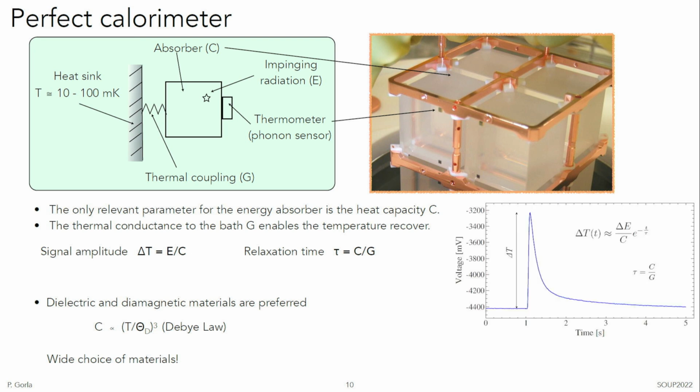And this is what you expect to see from the temperature of your phonon sensor. You have a radiation interaction, an alpha decay or an electron interacting in your crystal, and you have a temperature jump, which is proportional to the energy, and then an exponential decrease with a time constant which is C over G. This is a particular example from this kind of detector, in which you see that the time scale is extremely slow.